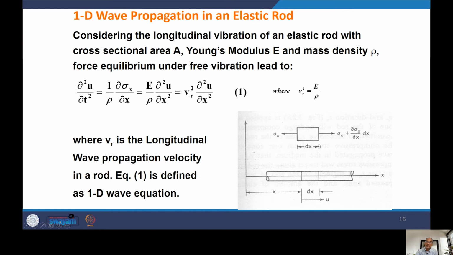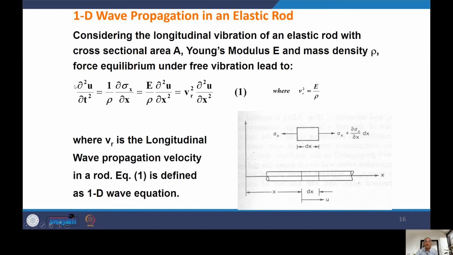If you consider a small element with length dx, then on one end sigma x is acting, and on the other end sigma x plus del sigma x by del x dx is acting. So that means this element is subjected to an additional stress, del sigma x by del x dx.